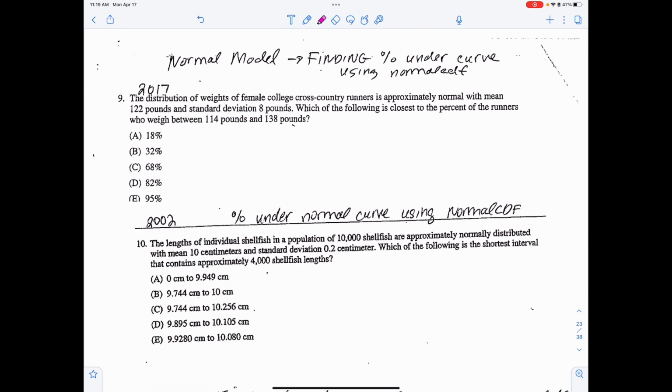All right, this is reminding you how to use normal CDF, finding the percentage under the curve. This is the weights of female cross-country runners, approximately normal, with a mean of 122 and a standard deviation of 8. What's the closest percentage who weigh between 114 and 138 pounds? This is just a normal CDF on your calculator. How do you get there?